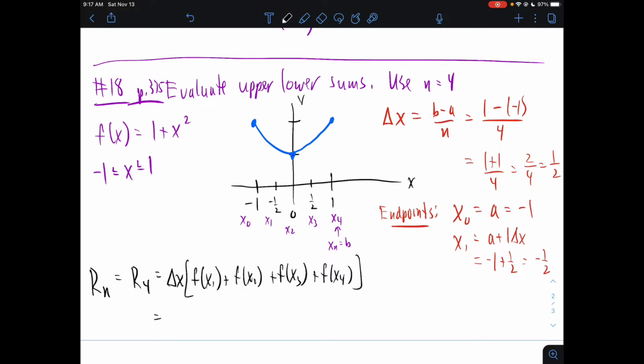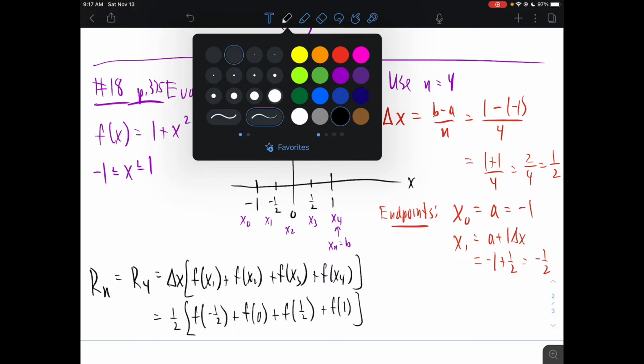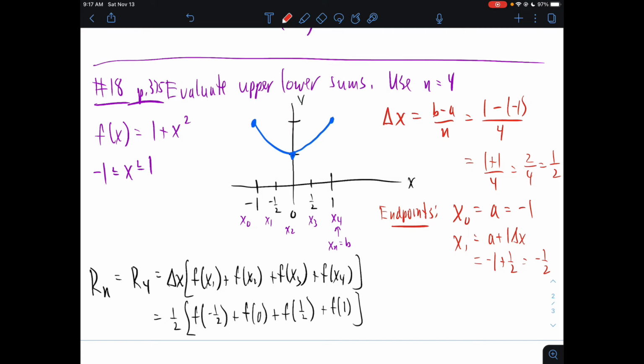We already have that delta x is 1/2, and we have that x1 is -1/2, so f of -1/2. x2 is 0, f of 0. x3 is 1/2, and x4 is 1. So in this case, using right endpoints, what we're doing is using these to find our heights, and then that creates our rectangles.